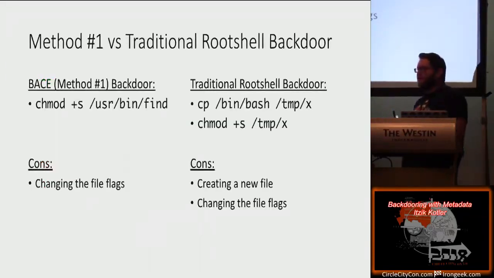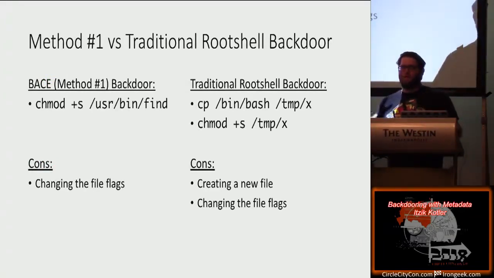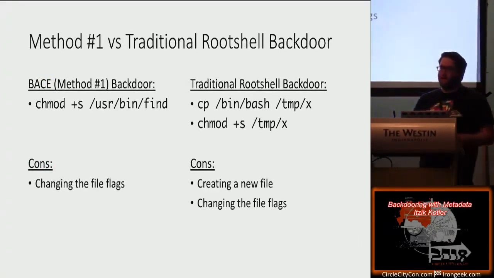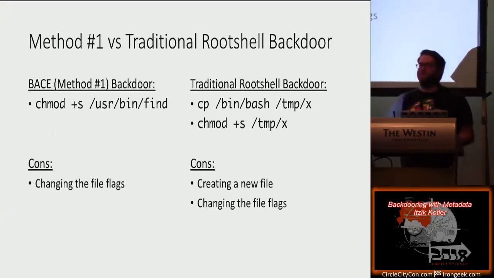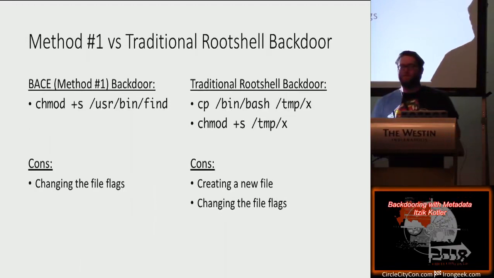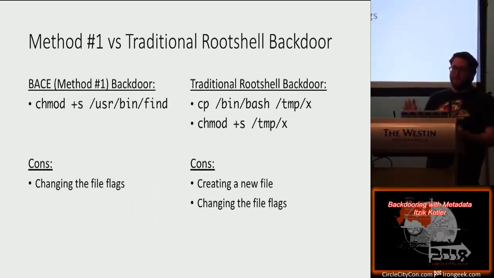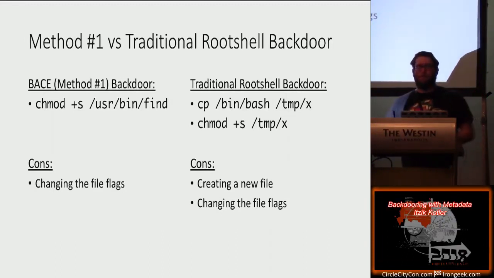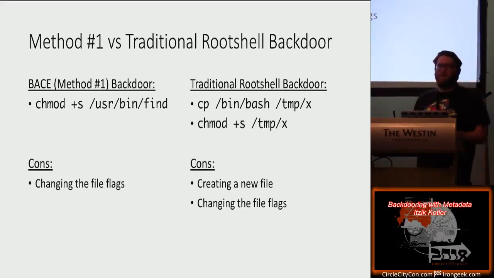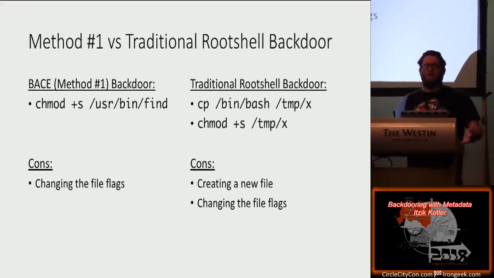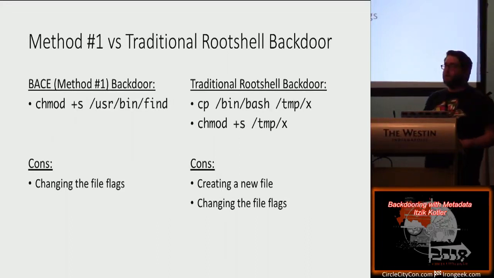Now, you may have probably guessed by this stage that the initial idea of elevating a privileged binary is not new at all, and it has actually existed at least since the 80s, when I got into the security game. The technique back then was known as the traditional backdoor or root shell backdoor, which basically said: take a shell out of the computer, duplicate it into some kind of secret location, and then change the file permission.